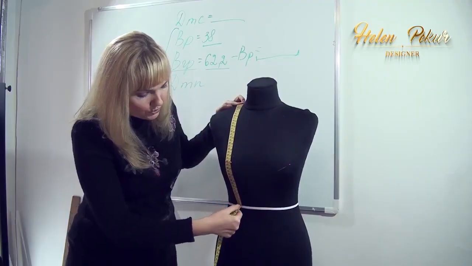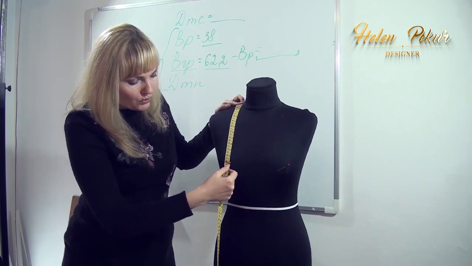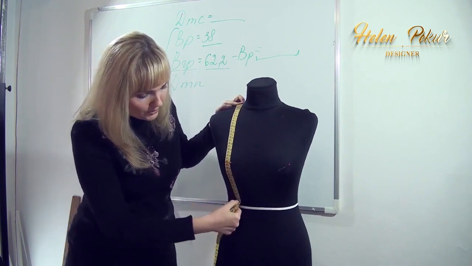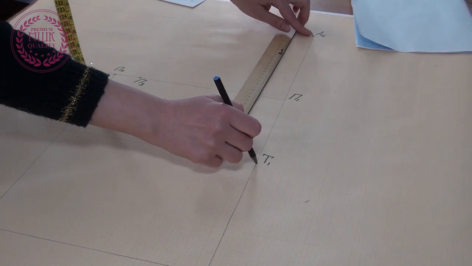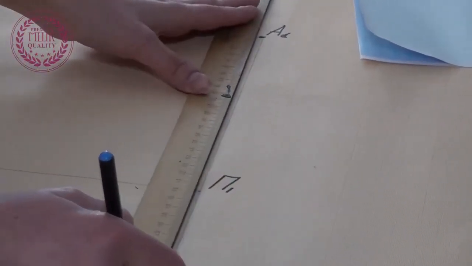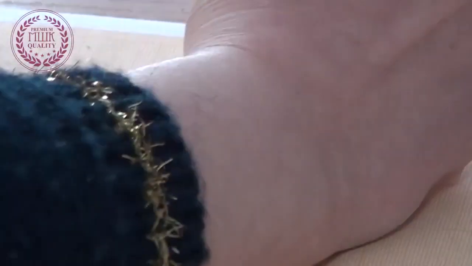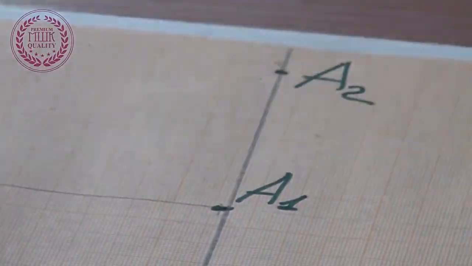Now I need the measurement front waist length, from the neck point through the bust point to the waistline. From the point T1 upwards, I postpone the length of the front waist. And I mark point A2.